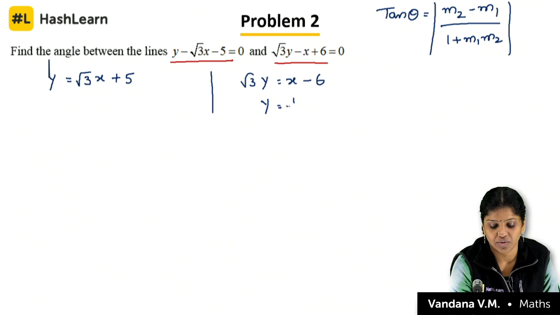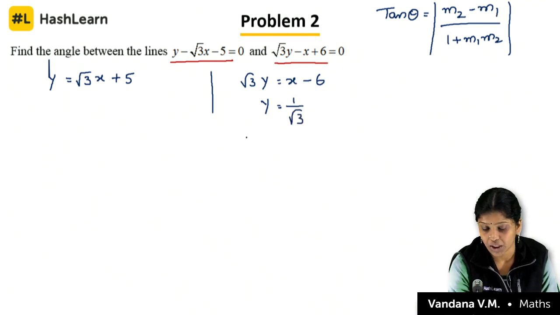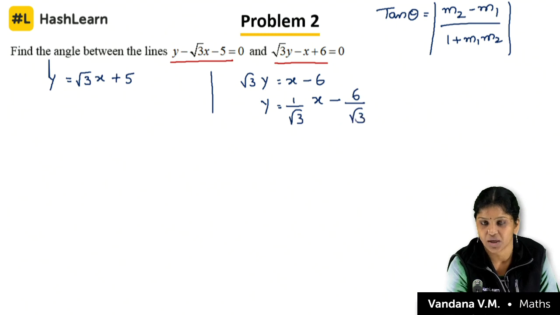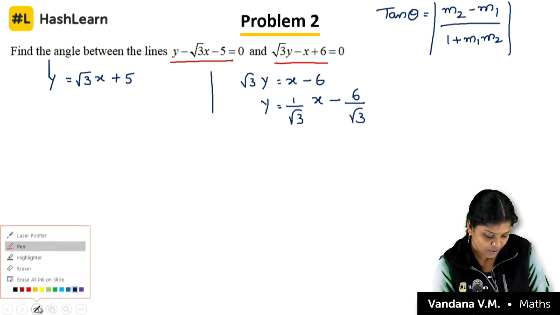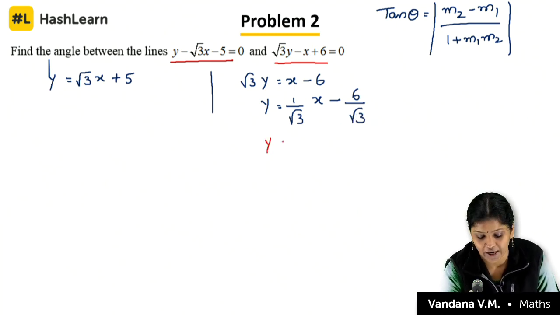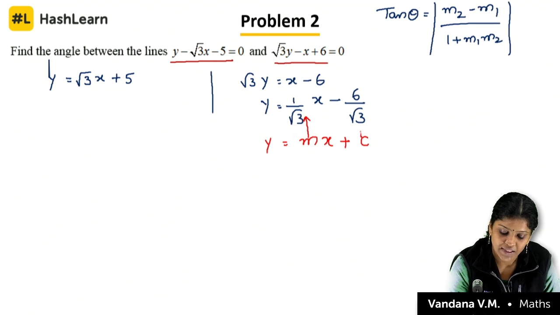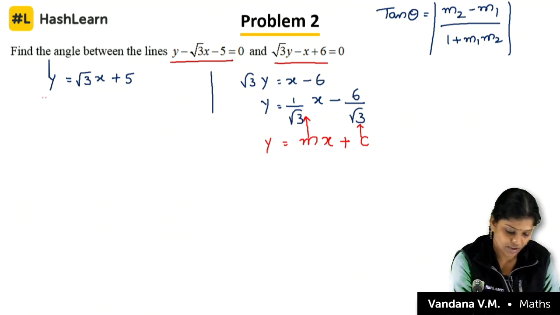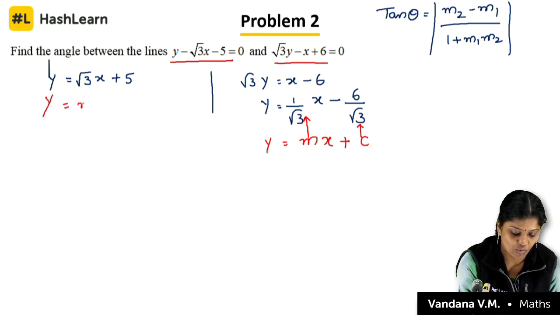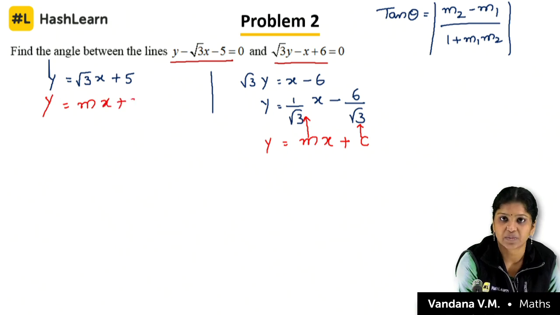Dividing with root 3, y is equal to 1 by root 3 x minus 6 by root 3. Why am I doing this? Now it is looking like y is equal to mx plus c, where m is the slope and c is the y-intercept.